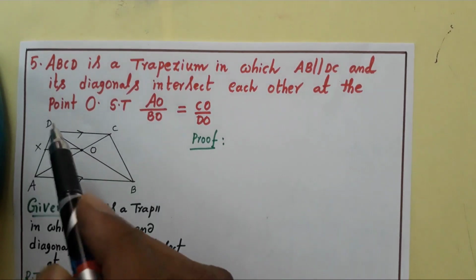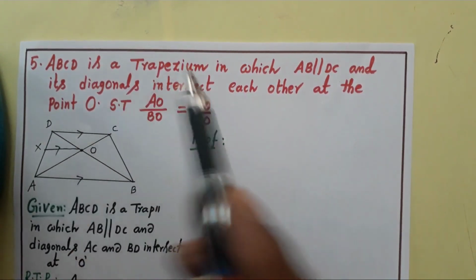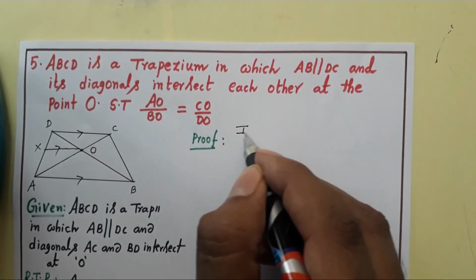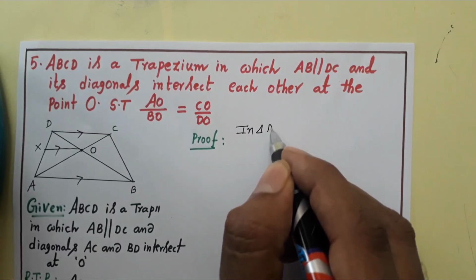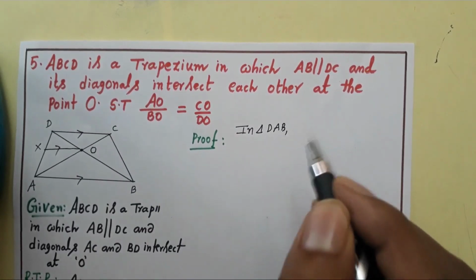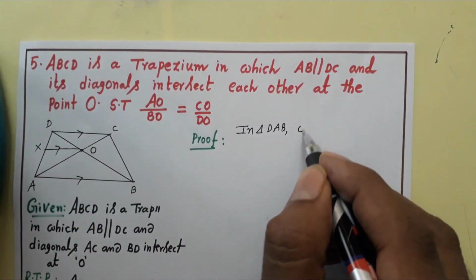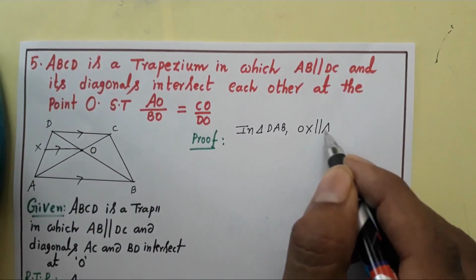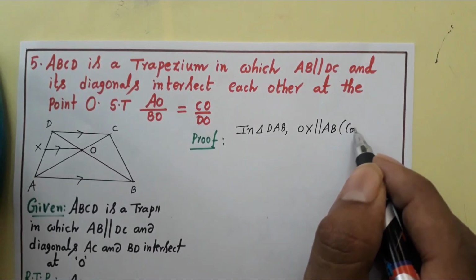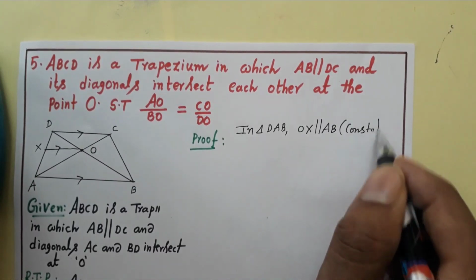Now you take triangle DAB. In triangle DAB, OX is parallel to AB. That is from construction.